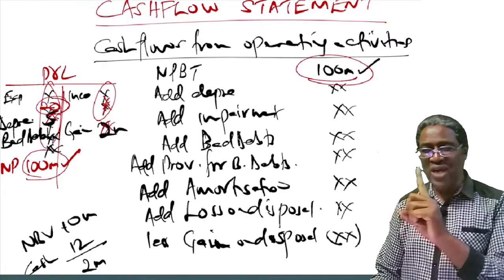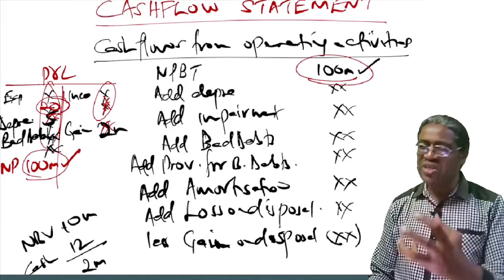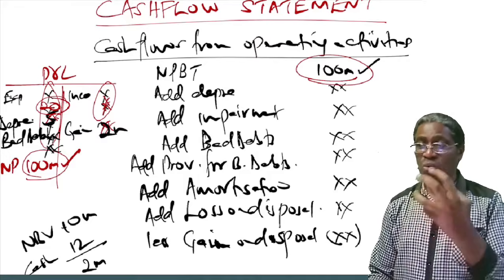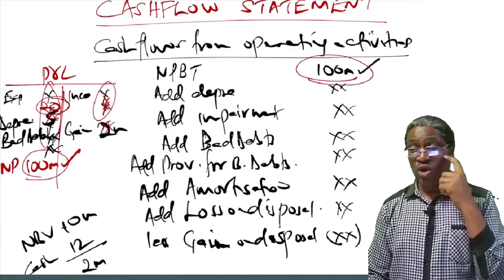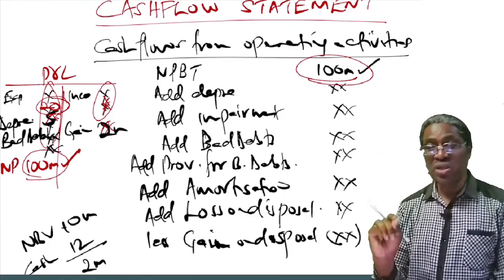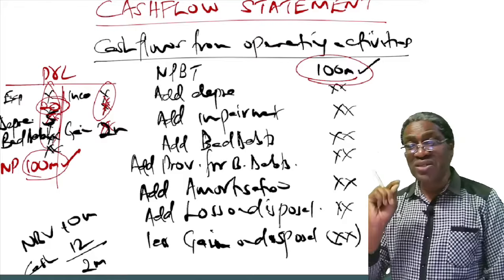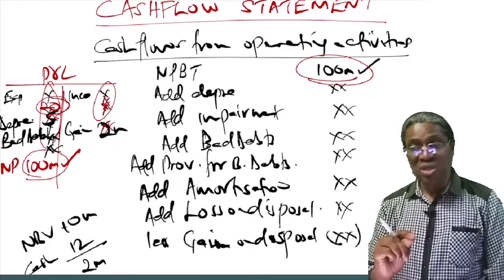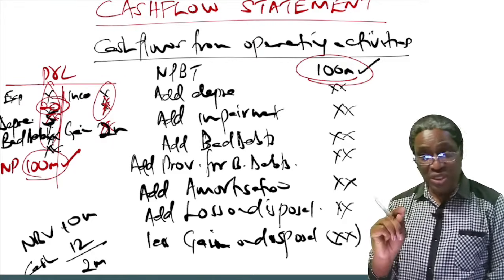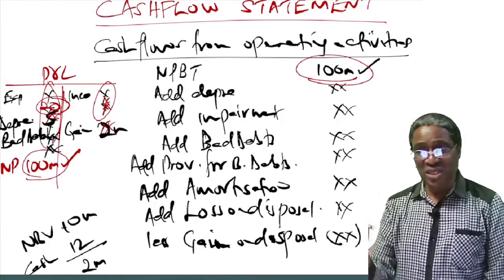But we are trying to adjust the profit so that we get the true profit as if everything in the P&L account was by cash. So I hope you now know, Patty, why we should not use the revaluation loss as a non-cash item. As much as it's true that it's non-cash, is it affecting what we are trying to adjust?